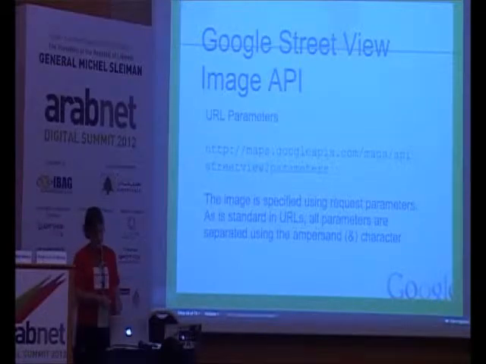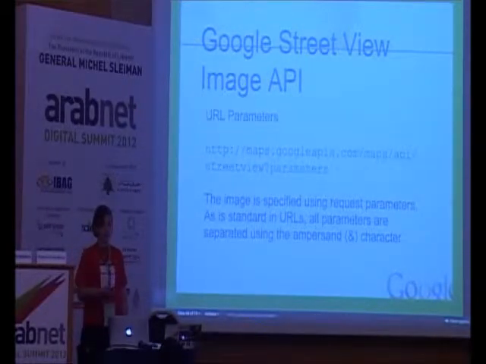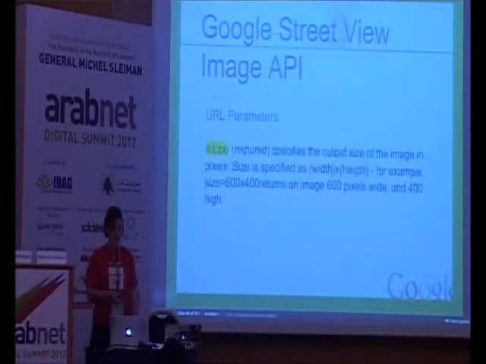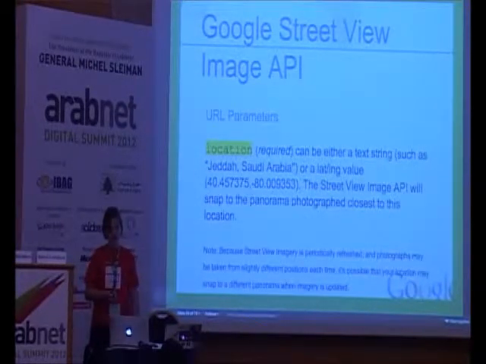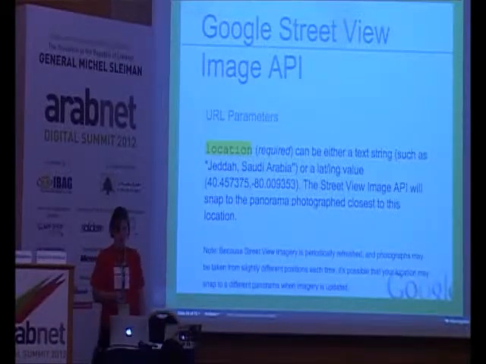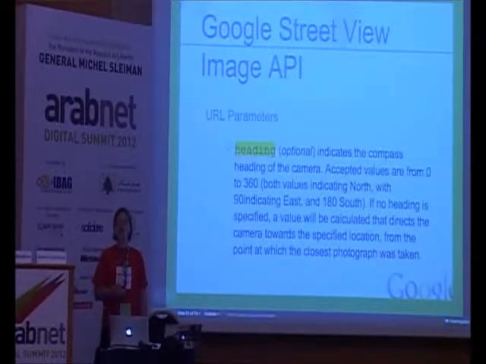And the URL parameters should again be separated by ampersand and URL encoded. So you have the size of the image, you have the location of the image, just in the same way as we had with the static map API. But you also have some specific parameters for Street View.